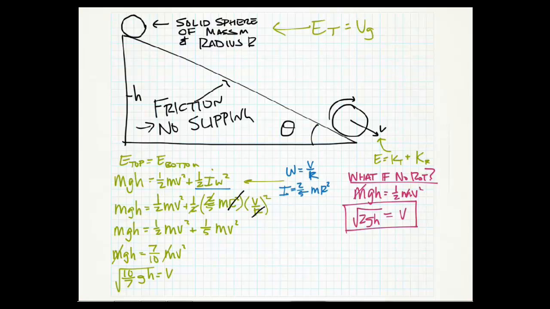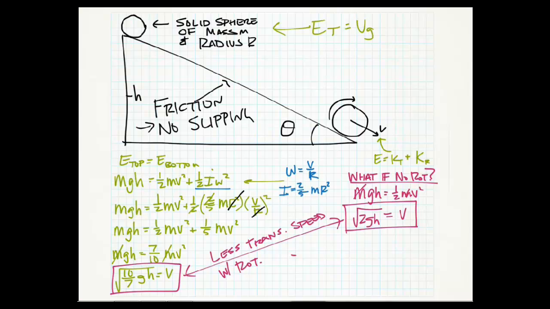With rotation, we're talking about a little bit less velocity. So if we compare those two, we have less translational speed with rotation. Now, what this means is that our energy went to two places.